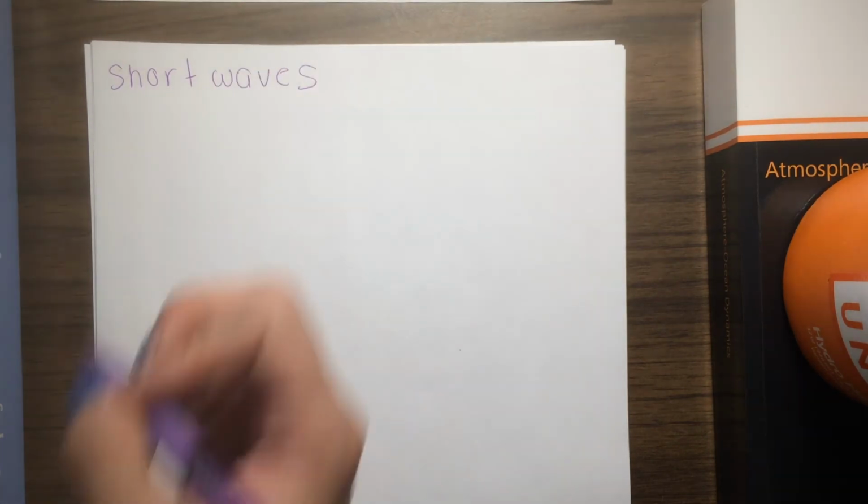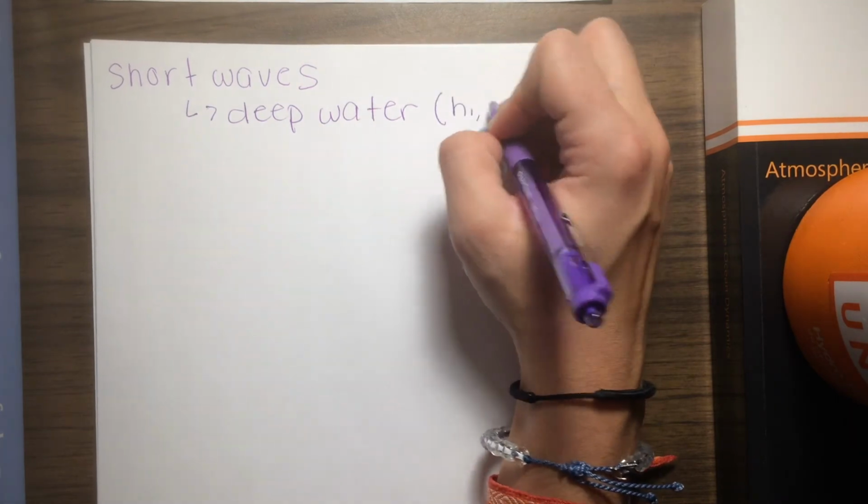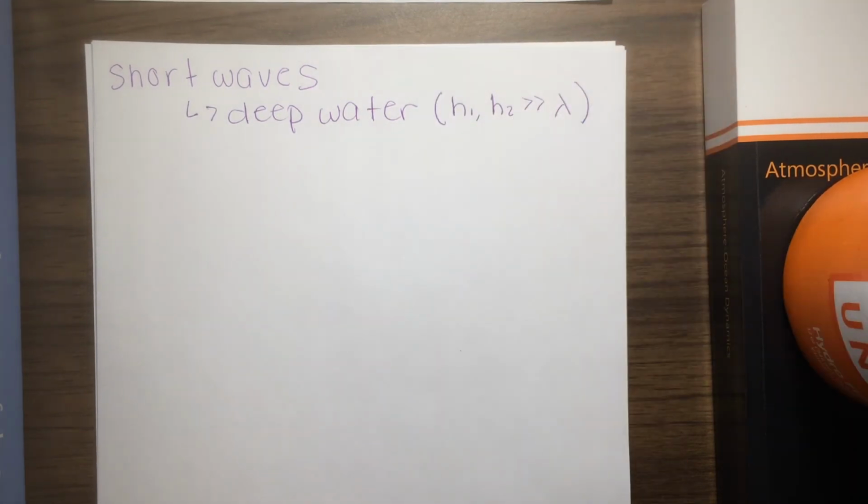Deepwater internal waves, or short waves, are those in which h1 and h2 are much larger than the wavelength, hence the name short waves.